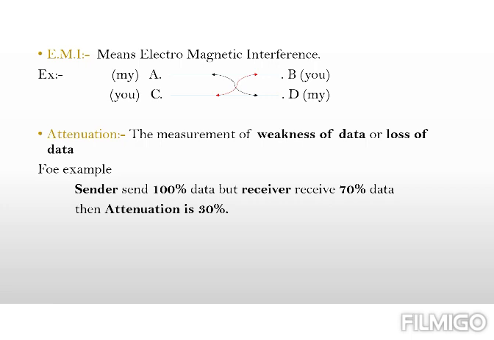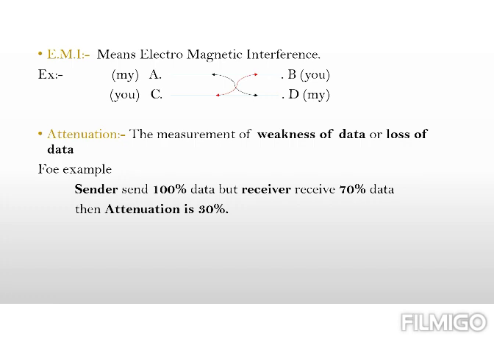After that, we have one more characteristic, that is attenuation. The measurement of weakness of data or loss of data is called attenuation. In the previous example you can find there are certain cross connections between B and D, so both B and D receive wrong data.